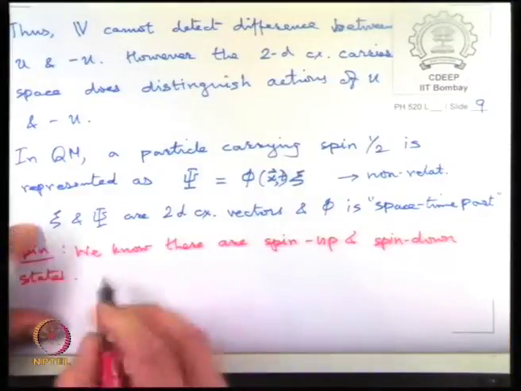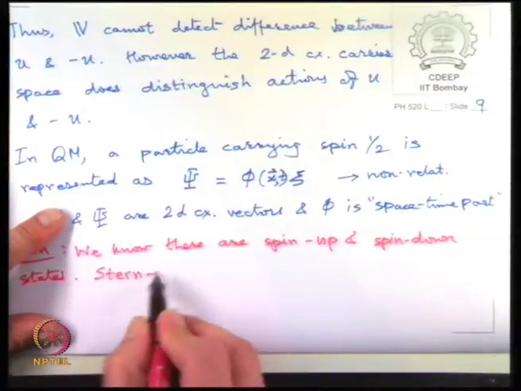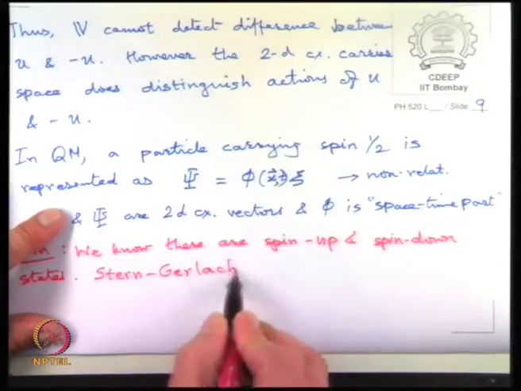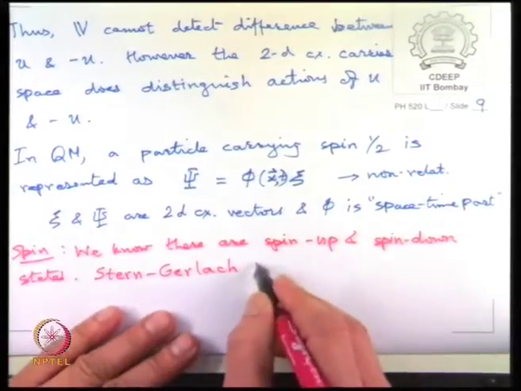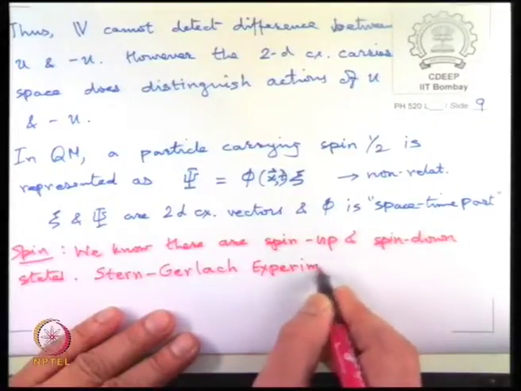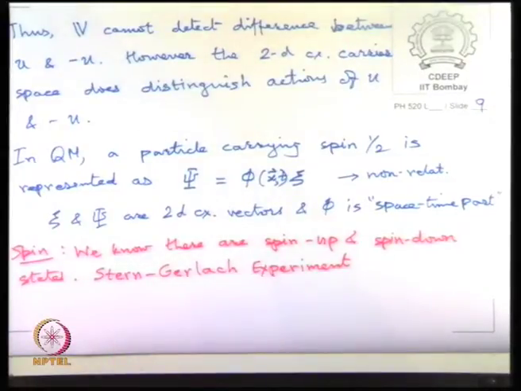This was what has come to be called Stern-Gerlach. I shouldn't say that, but I think historically it was the experiment that was performed by Stern and Gerlach. But that was not the origin of Pauli's considerations. He had other things.